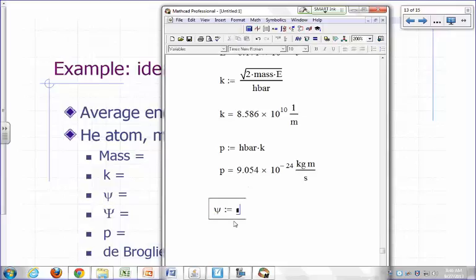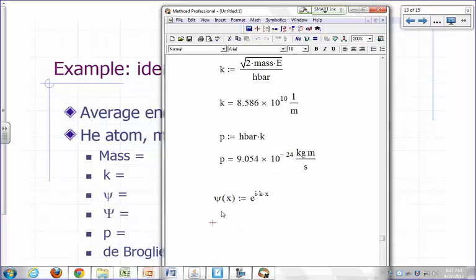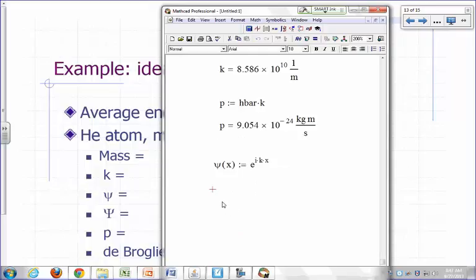All right, so what is our psi again? Little psi equals e raised to the power i times k times x. This is psi as a function of x. All right. And what is our big psi?